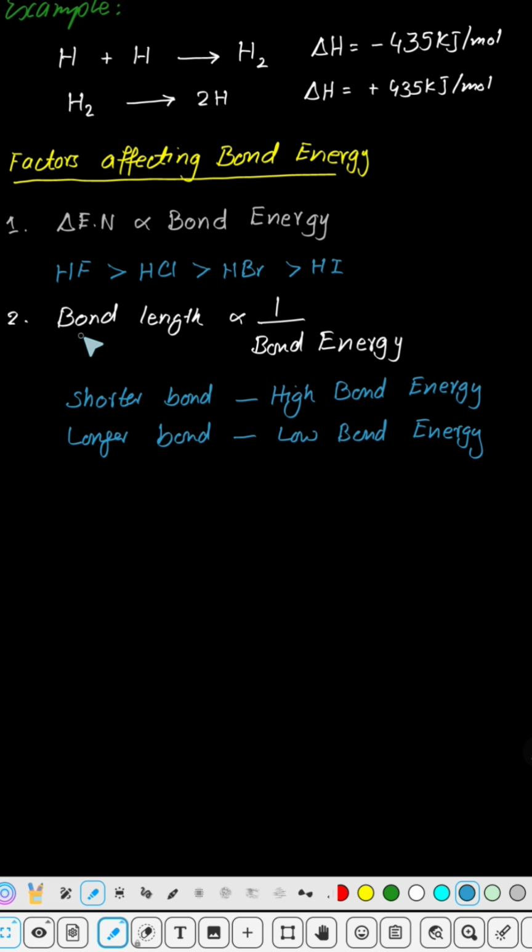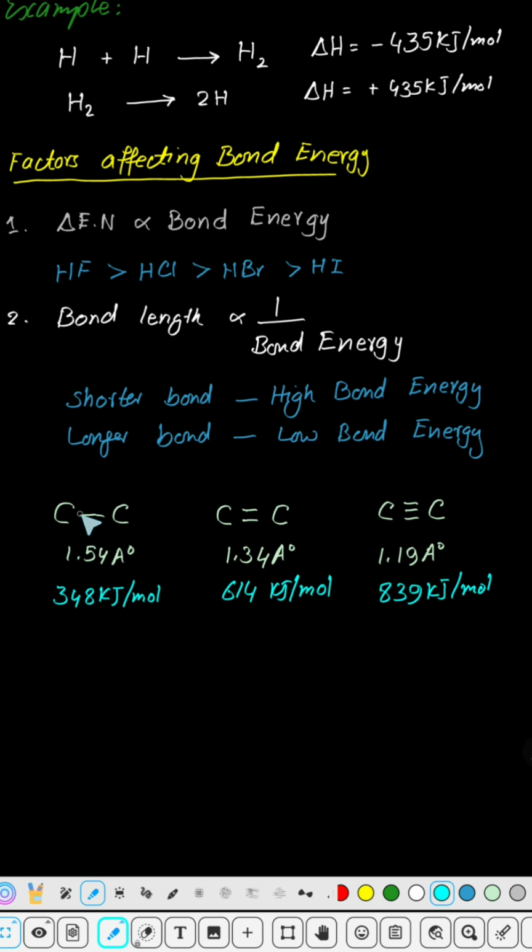The second factor is bond length, which is inversely proportional to bond energy, meaning shorter bonds have high bond energy and longer bonds have low bond energy. For example, carbon-carbon single bond, carbon-carbon double bond, and carbon-carbon triple bond.